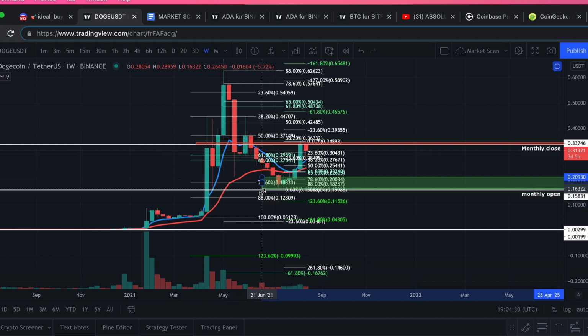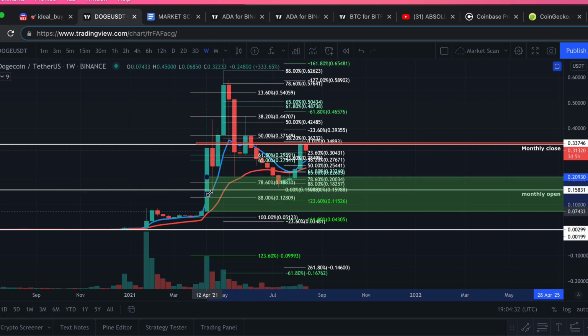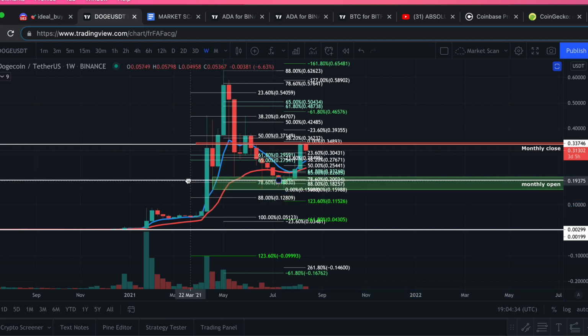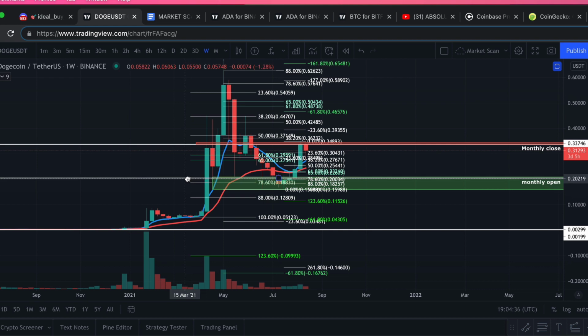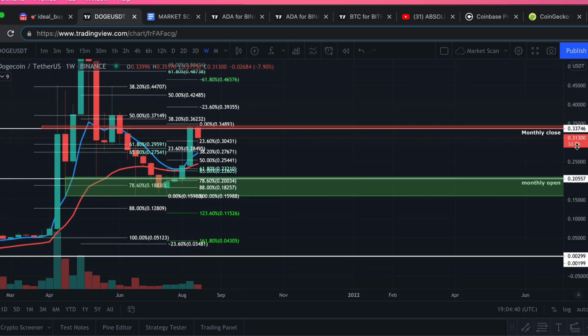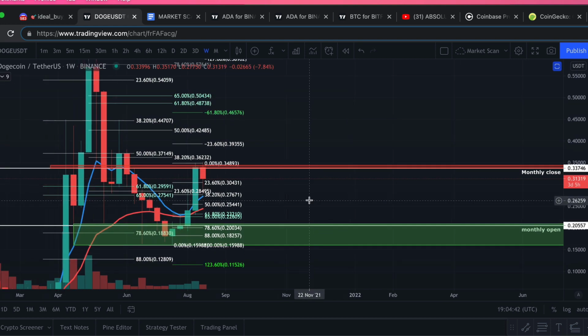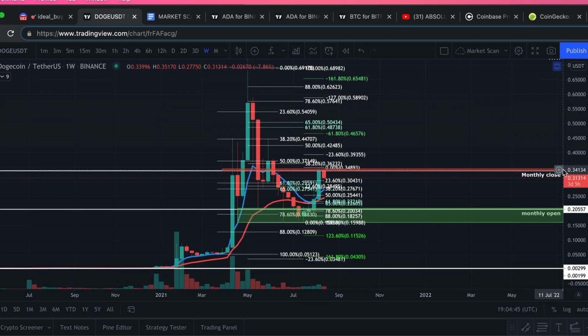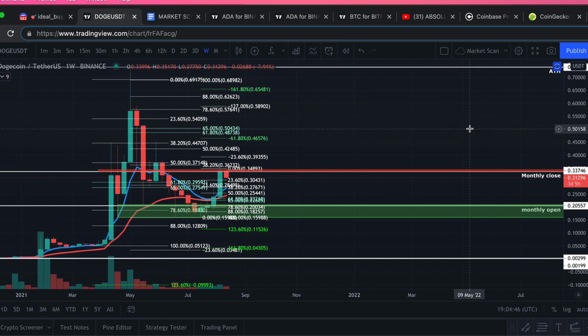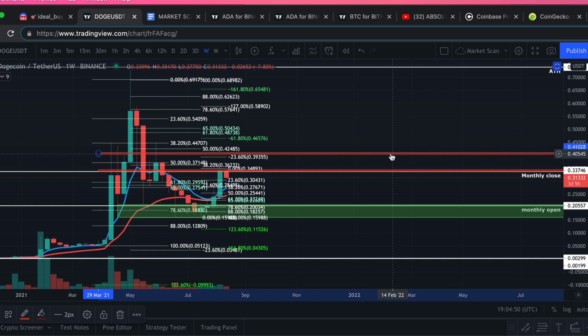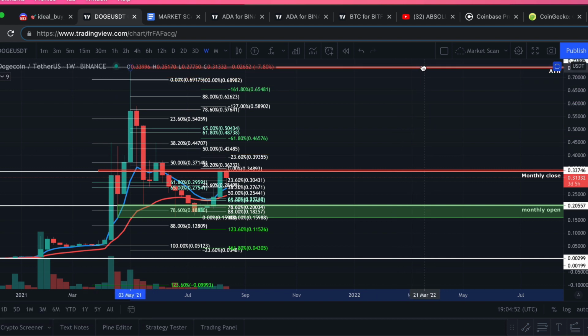Literally this entire area is a good area to long. Put that here.